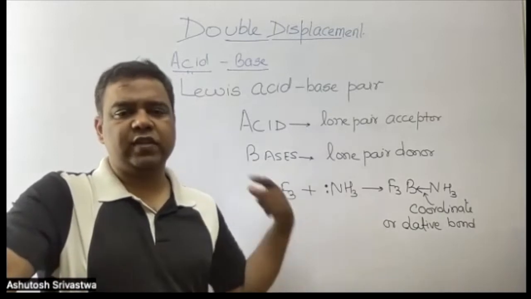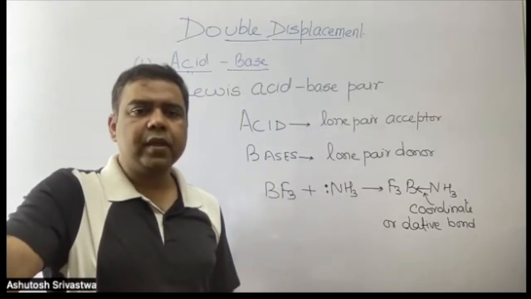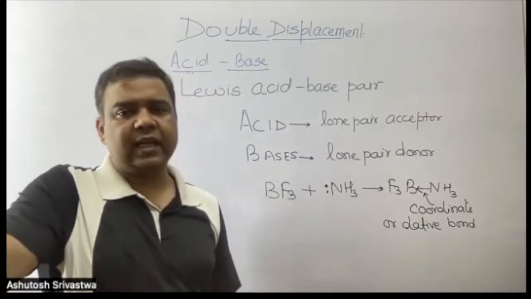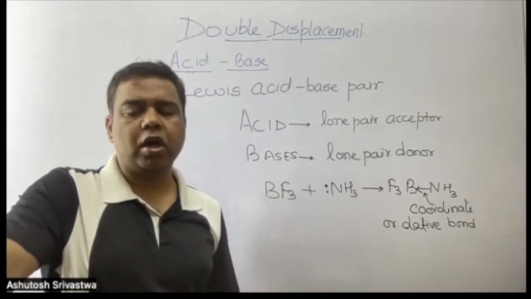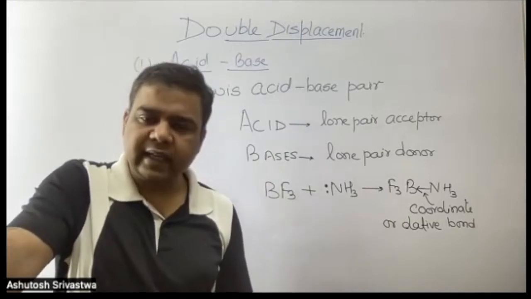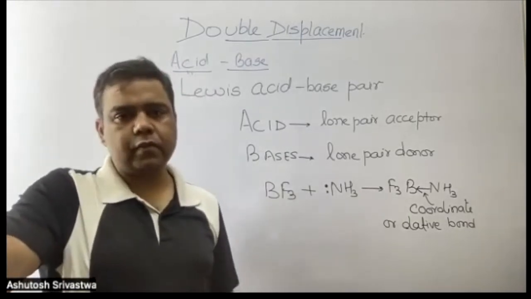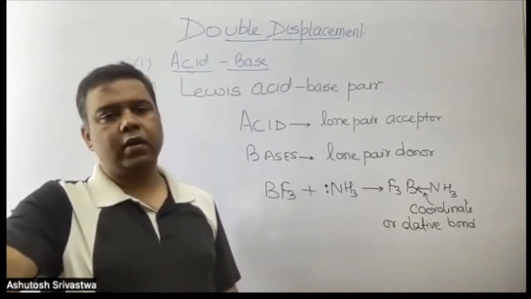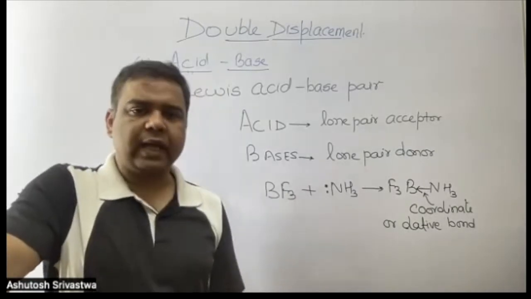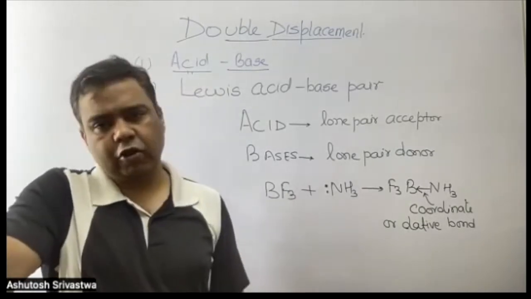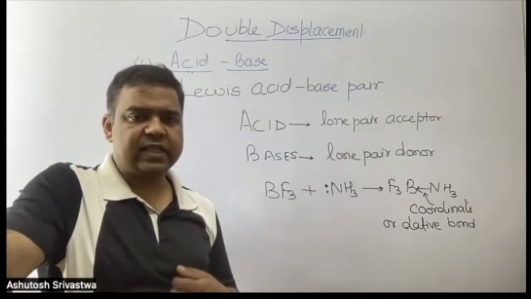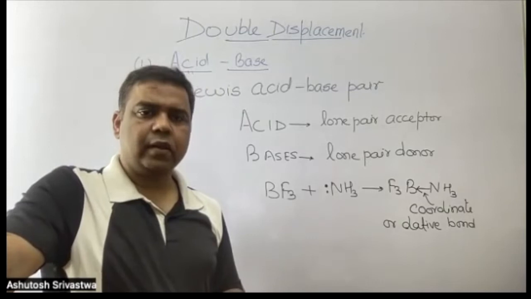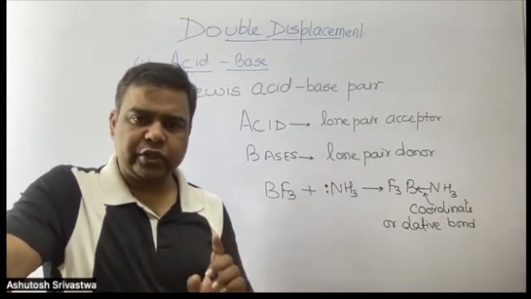Something very unique has formed. So when we say that acid plus base gives salt and water, we normally talk about Arrhenius acid base pair. Am I clear? Is it okay? Any issue?